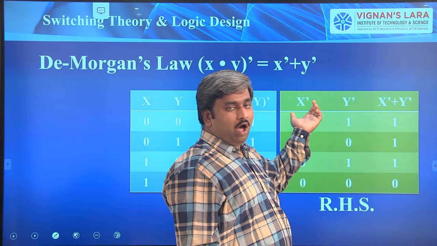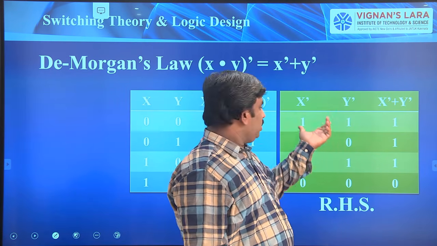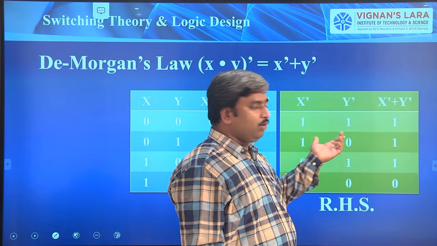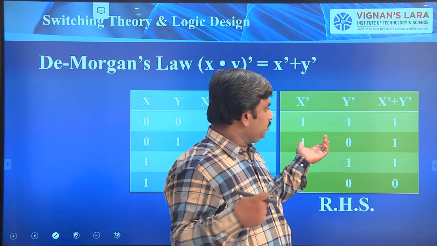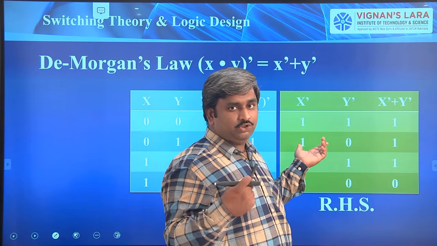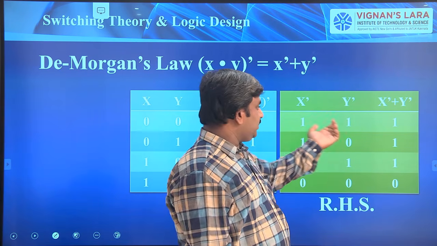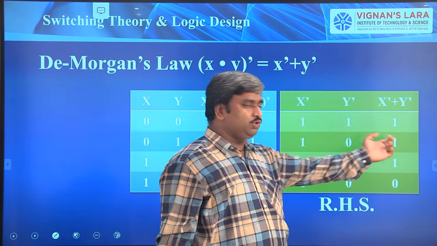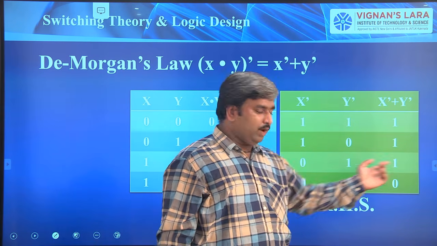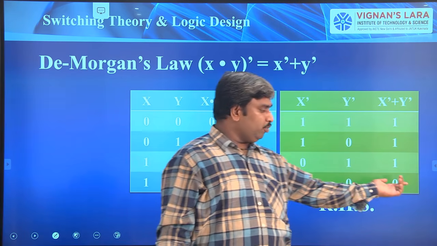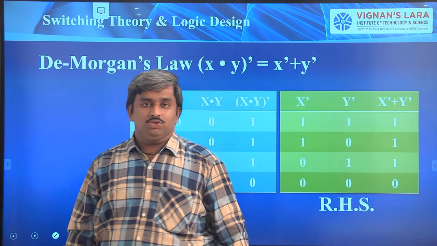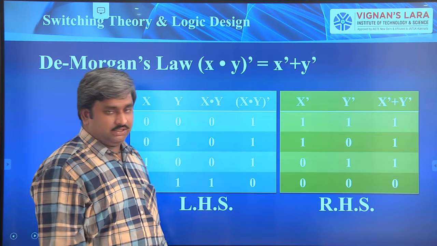You have to use the OR operation for these two. 1 plus 1 is 1. We know that for the OR gate operation, if any one of the inputs is equal to 1, automatically the output is 1. 1 plus 1 is equal to 1. 1 plus 0 is equal to 1. 0 plus 1 is equal to 1. 0 plus 0 is equal to 0. Here both inputs are 0, so the output is equal to 0. So this is the RHS.